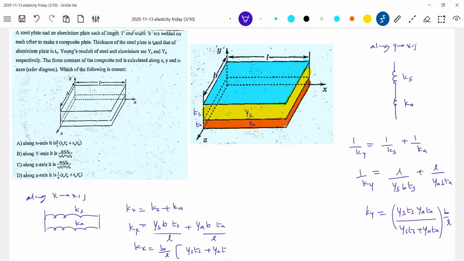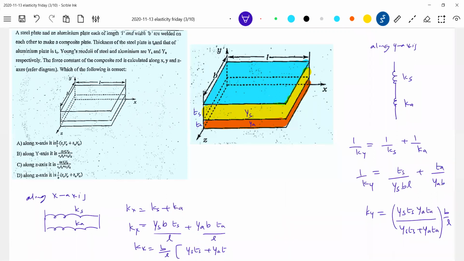No, along z-axis, area will be BL, no? Area will be BL, Ya by L. L will be Ts. Now some corrections are there.